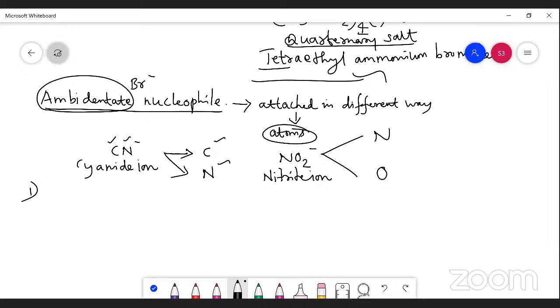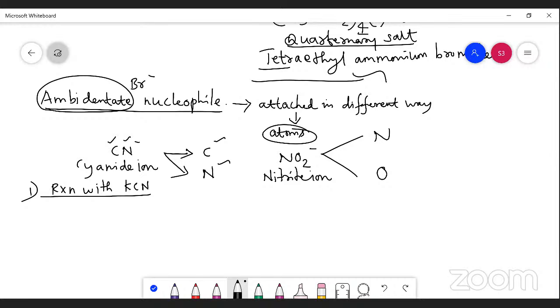So first, reaction with potassium cyanide. Under what topic are we reading? Under nucleophilic substitution. Always keep it in your mind. First we saw only nucleophilic substitution.